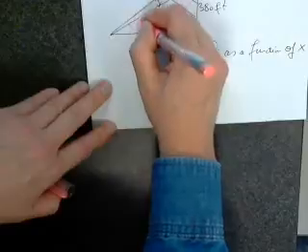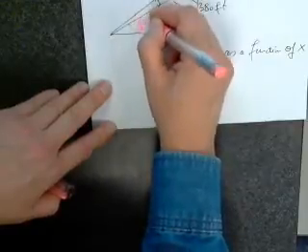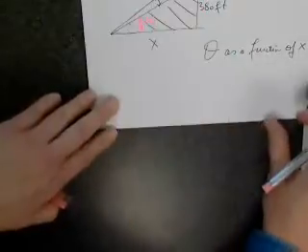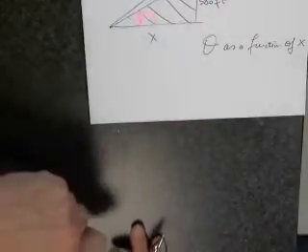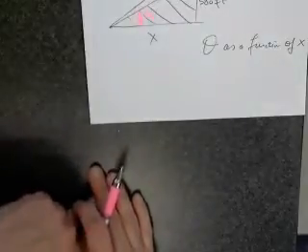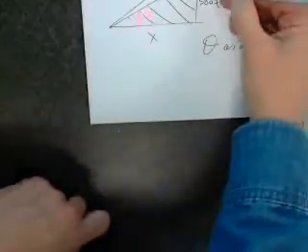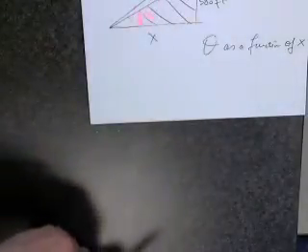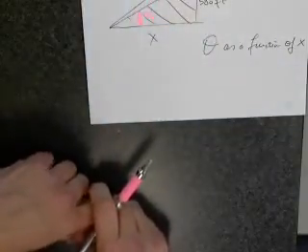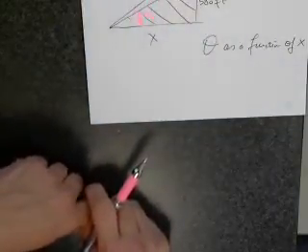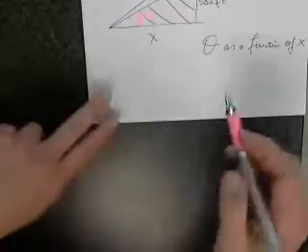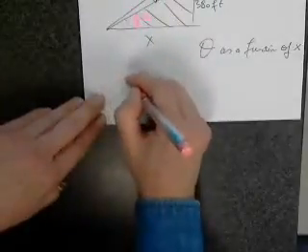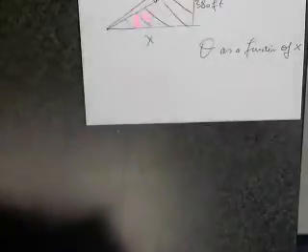I'm going to call this alpha. In the smaller triangle, can you give me a trig function that involves, of course, the opposite and x? Which trig function of alpha will involve 380 and x? Of course. So can anyone give us tangent alpha?